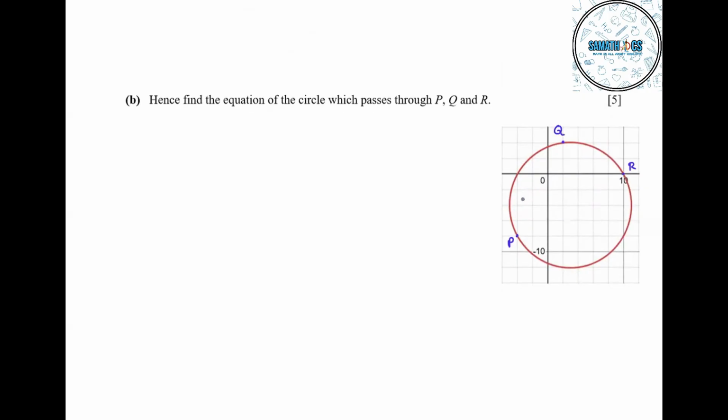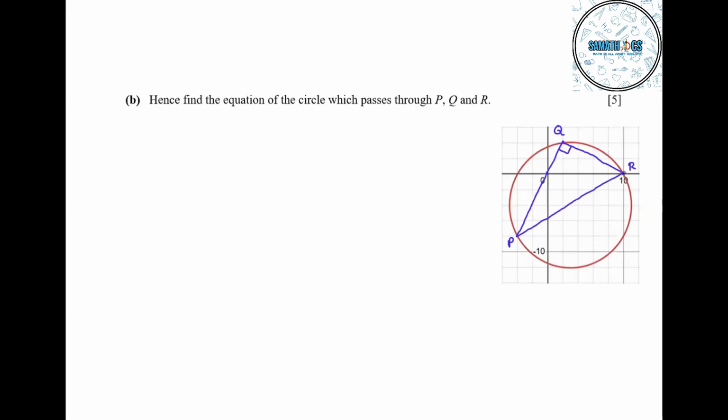We have already proved in the previous part that PQ and QR are perpendicular to each other. So if we draw a line from P to Q and Q to R, then here it is a right angle. Now, if here it is a right angle, that means that PR is a diameter.